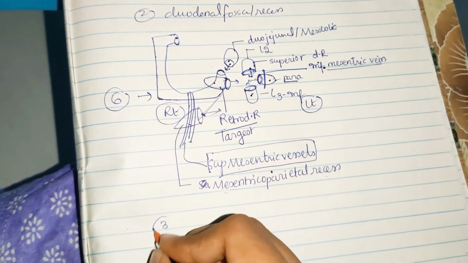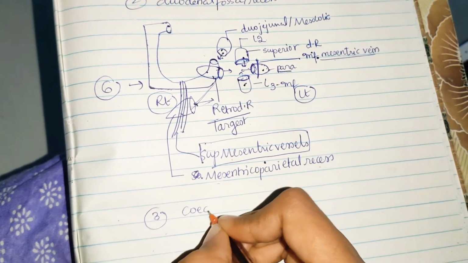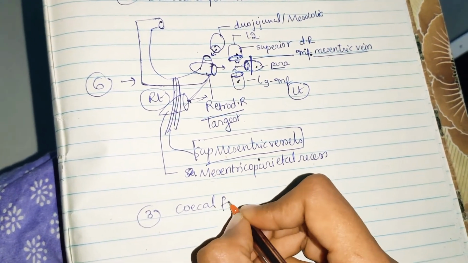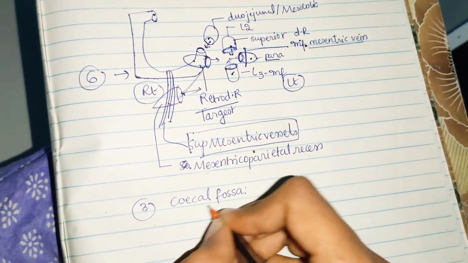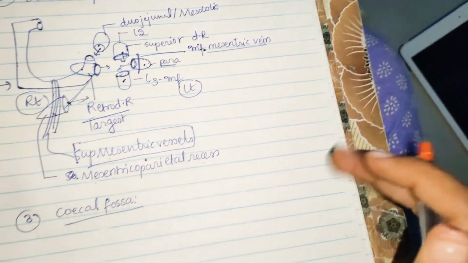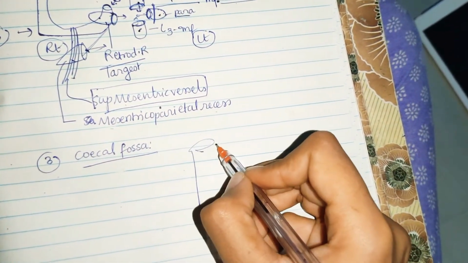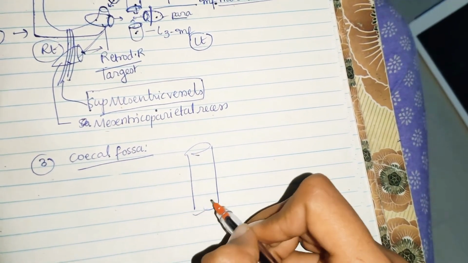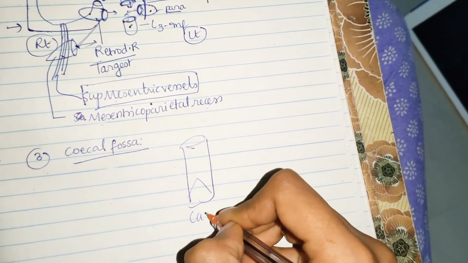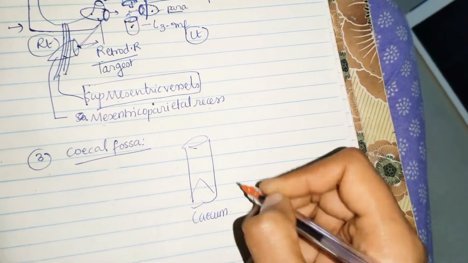Next let us move to other pockets, the cecal pockets. In the cecum also there are different pockets. These are called the cecal fossa or recess. Let us draw the diagram. So here you have the cecum.